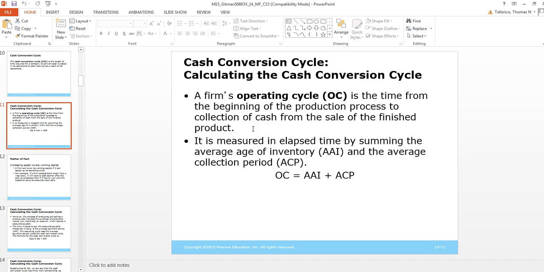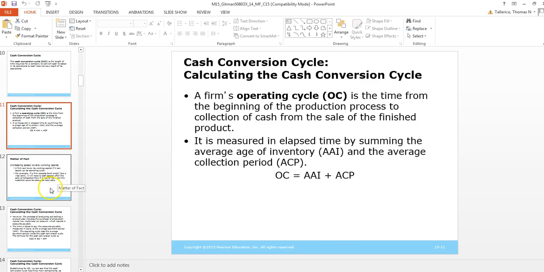Say you had a company making T-shirts. Maybe it takes you a day to make the shirt, but then you have to send them to the stores, and then the stores have to pay you. That's the operating cycle. The equation is that the operating cycle is the average age of inventory, if it's sitting on the shelf, plus the average collection period, how long it takes for the check to get in the mail.